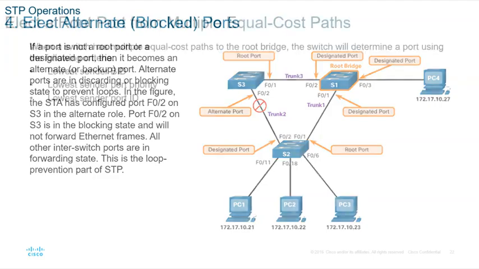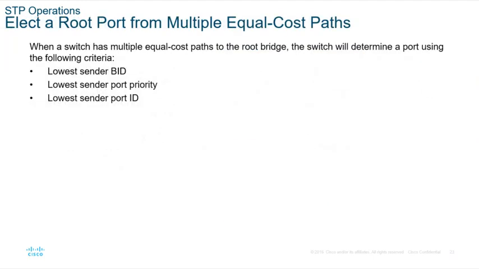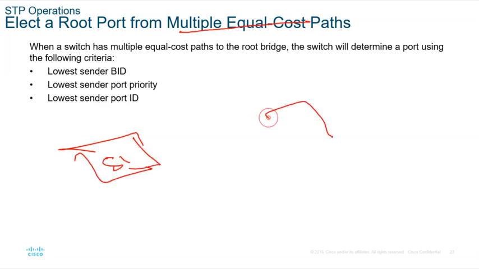I've explained that. So then we have electing a root port from multiple equal cost paths, where the cost is the same. For example, let me just show you here. I have a switch here, switch 1, and then I have another switch here, switch 2.